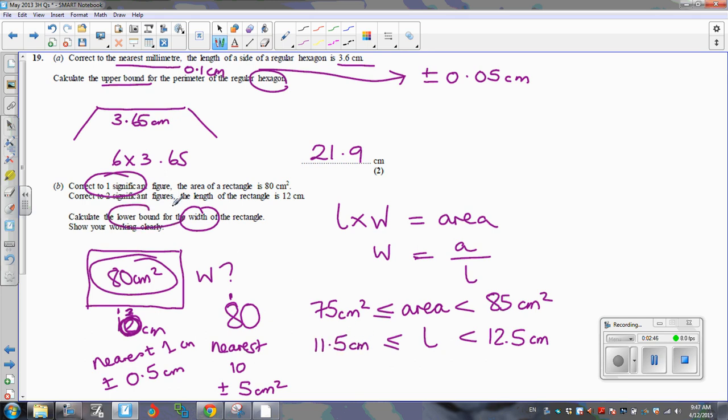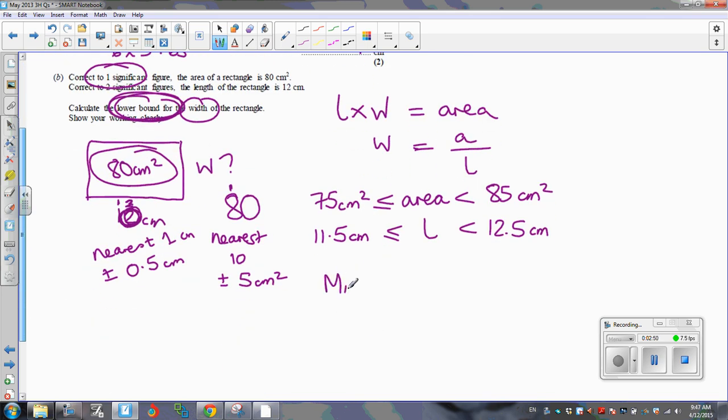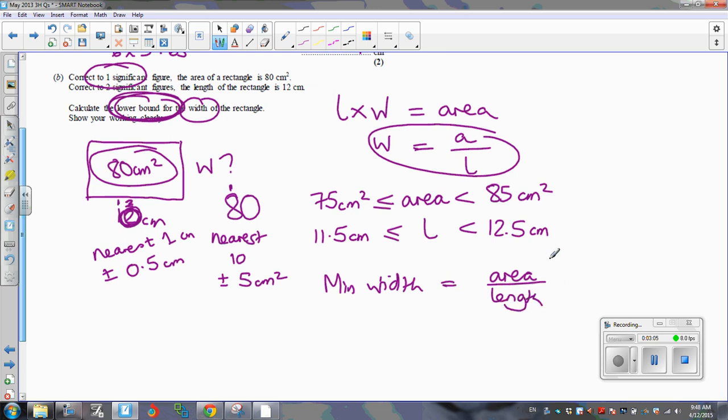Now, if I want to find the lower bound for the width, I want to find the smallest width, or the minimum width. To find width, I'm going to have to do, as I've set up here, area divided by length, but I need to be careful as to which one I use. To find the minimum possible value when you're dividing something, I'm going to need to use the minimum area, and to get the smallest number, I'm going to have to divide by the maximum length.